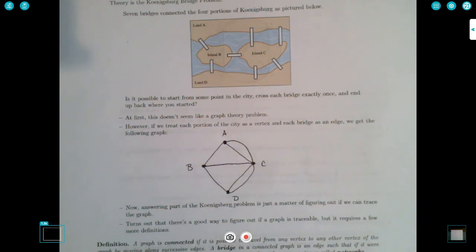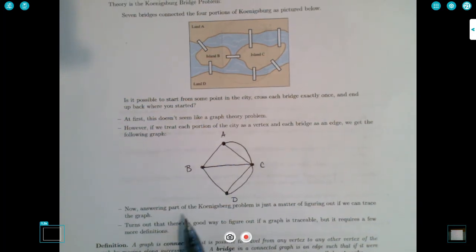Okay, so now answering part of the Koningsberg problem is just a matter of figuring out if we can trace the graph. If you can trace the graph, then it's certainly possible to get from one place to all the other places without crossing the same bridge twice. The only part of the problem we haven't answered is, can we end up back where we started? And that's something that we'll talk about.